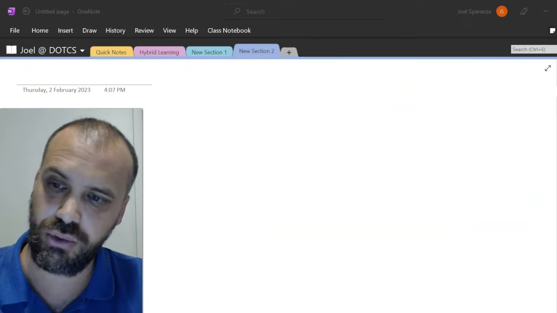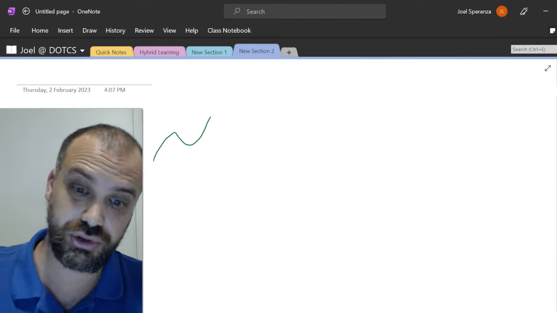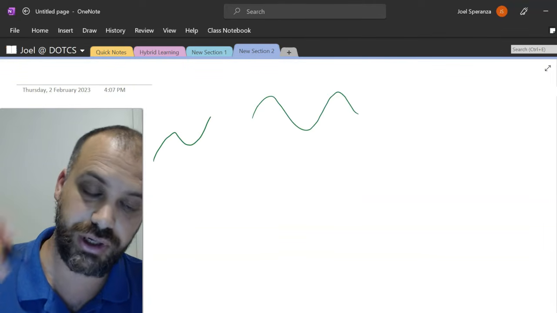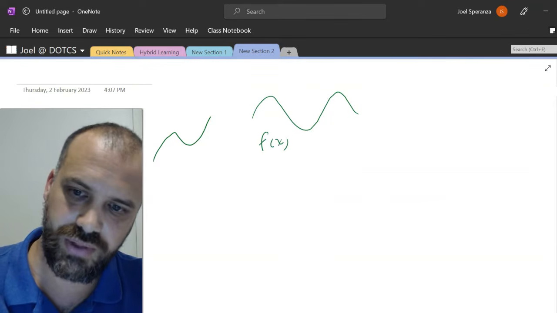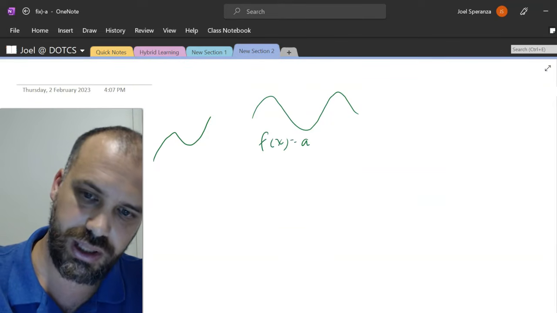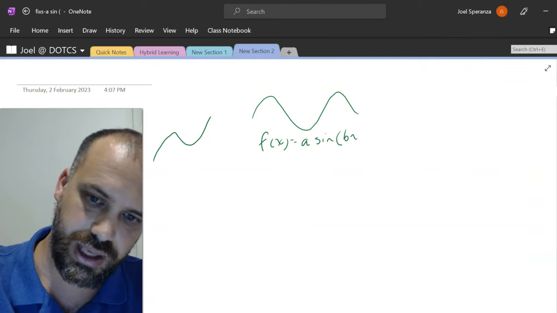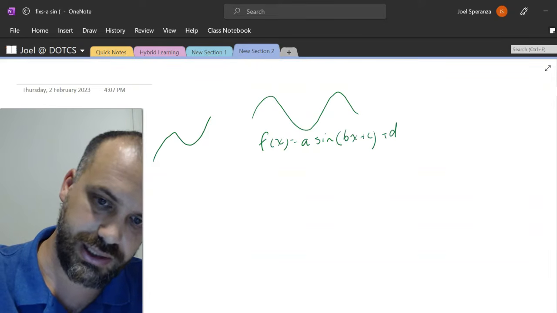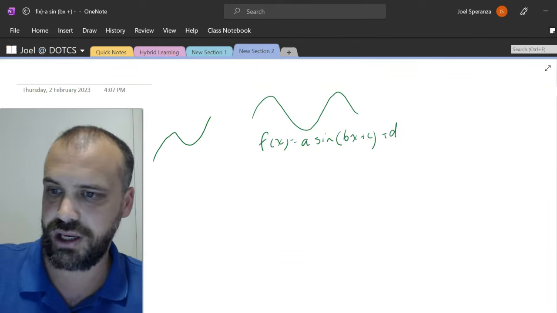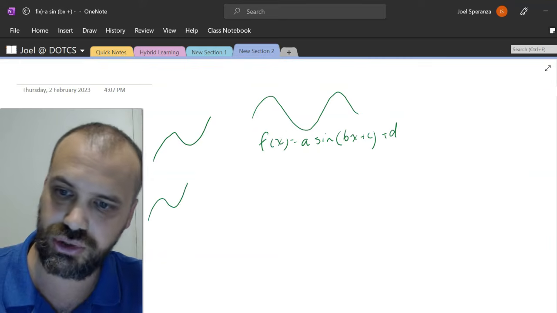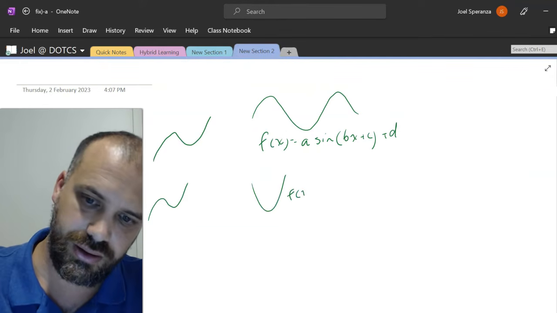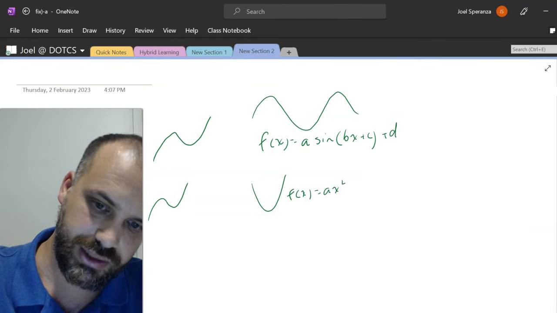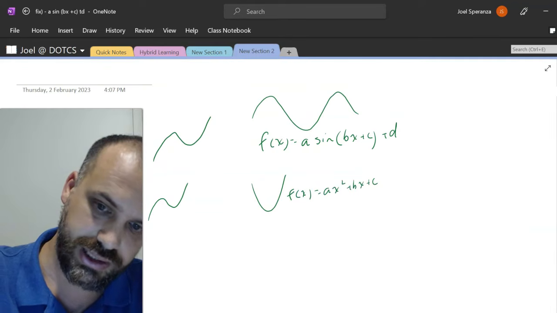For instance, if I already had a cubic and I was trying to connect a trigonometric function to it, then the general form of that trigonometric function would be a sine bx plus c plus d. Or if I already had a cubic and I was trying to connect a quadratic to it, then the standard form would be ax squared plus bx plus c.